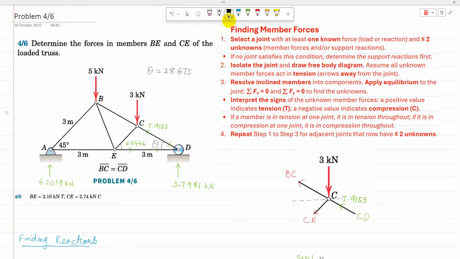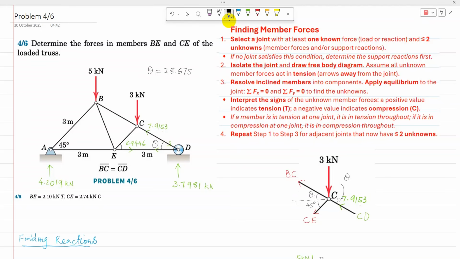So now using geometry, if I draw a horizontal line passing through C, then this angle is theta, and this angle will also be theta. Because that angle is 45, using similar triangles, angle CED is also 45, and when I draw a horizontal line here, the angle here is also 45.